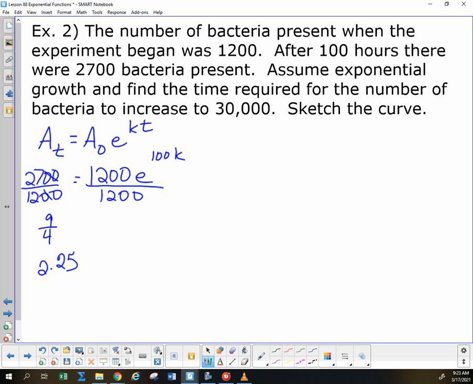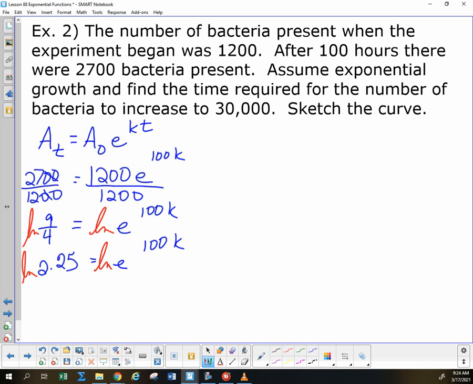So far, so good? Equals e to the 100k. So what do we need to do to both sides? We need to take the natural log of both sides. And then we have 100k equals that.